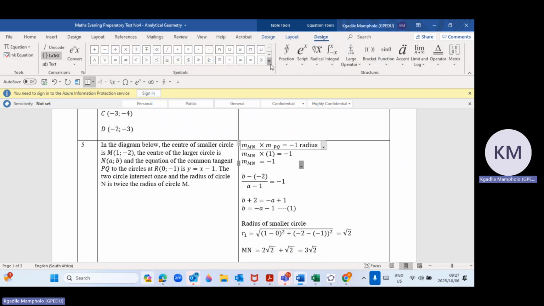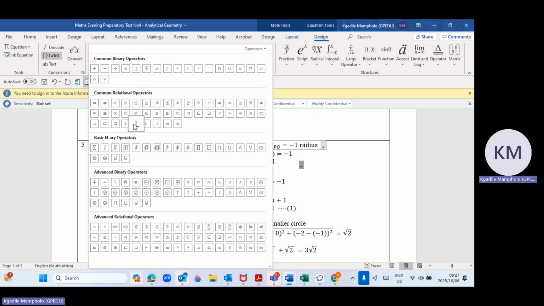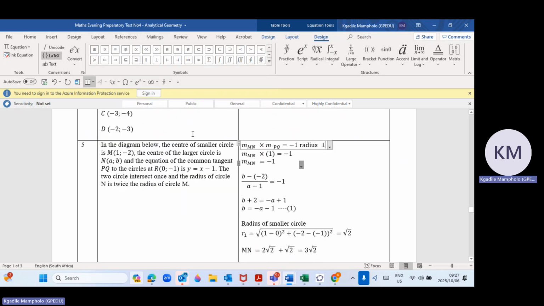So it means the gradient of MN will be -1. That is why you make an equation using the gradient formula, because we know its gradient.